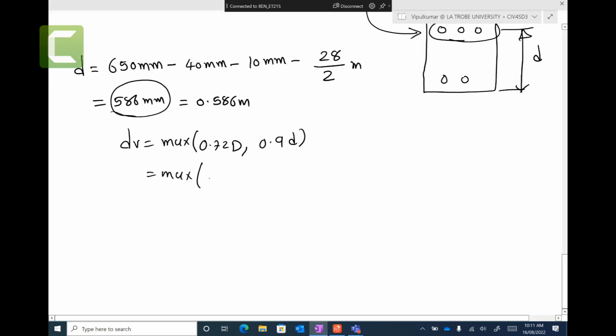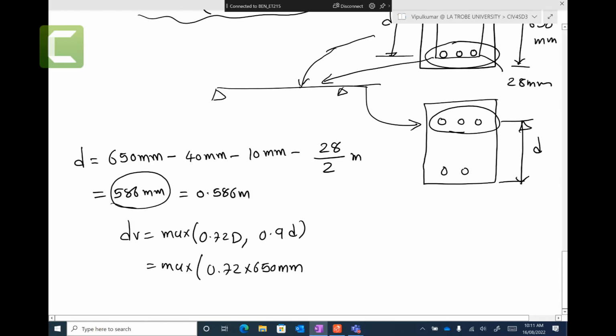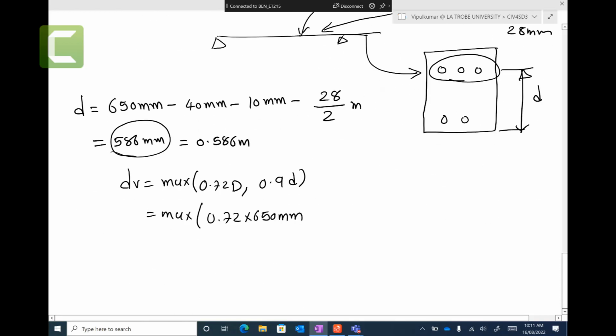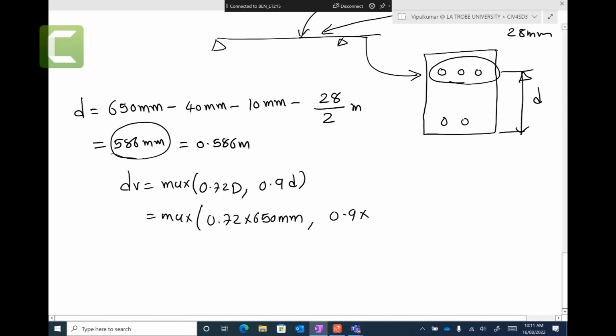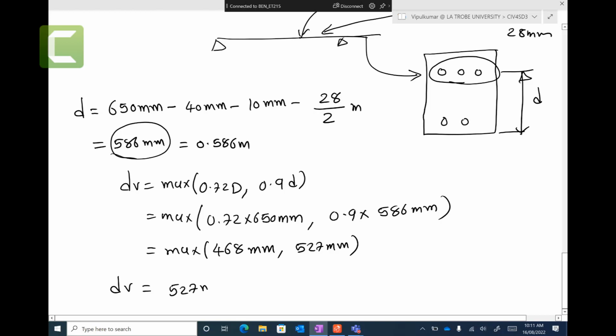That is the maximum of 0.72 times 650 millimeters, the depth of your whole cross section, or 0.9 times small d, which is 586 millimeters. If you simplify that, you will get the maximum of 468 millimeters or 527 millimeters. In that case, you get dV equal to 527 millimeters.